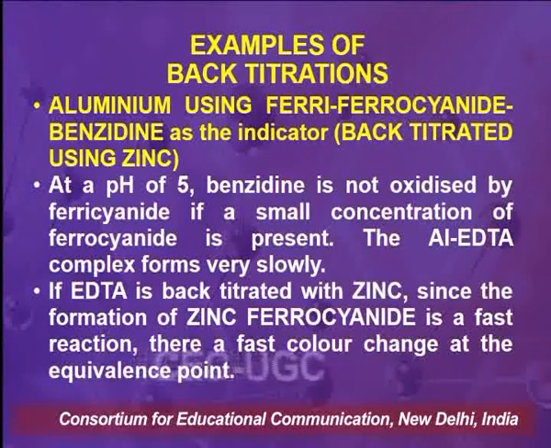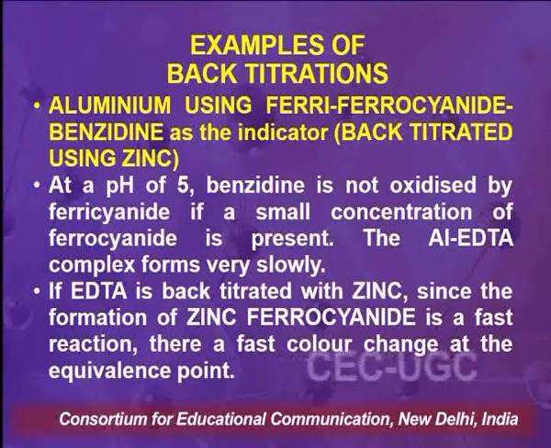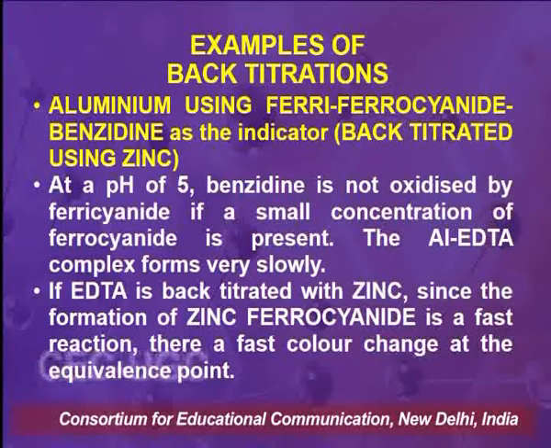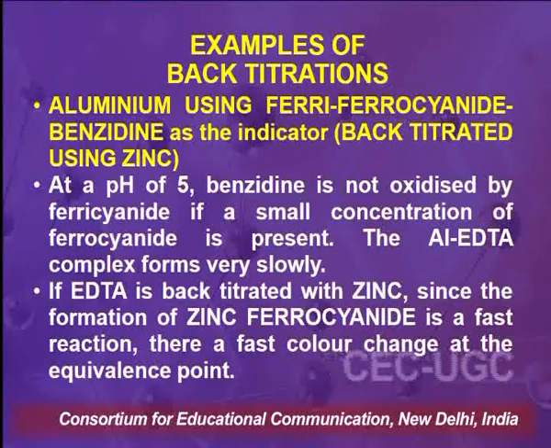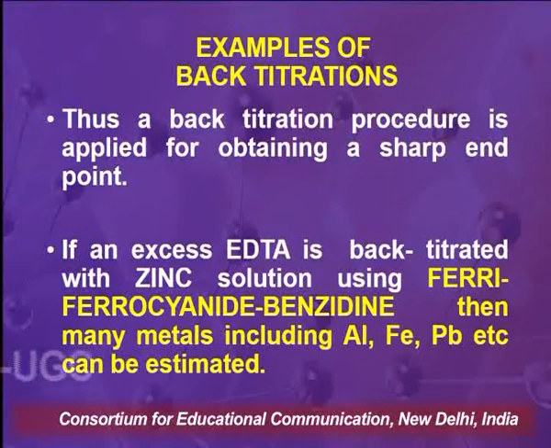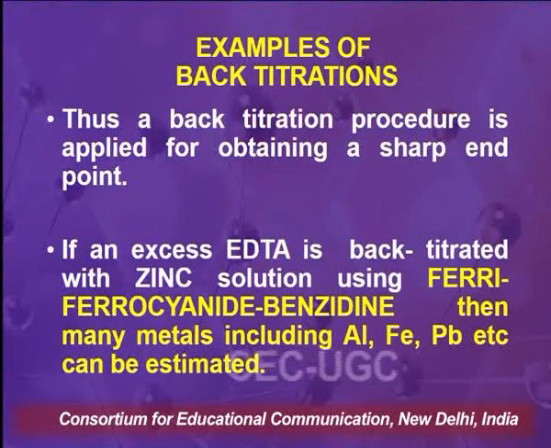The aluminium EDTA complex forms very slowly. If EDTA is back titrated with zinc, since the formation of zinc ferrocyanide is a fast reaction, there is a fast color change at the equivalence point. Thus, a back titration procedure is applied for obtaining a sharp end point.